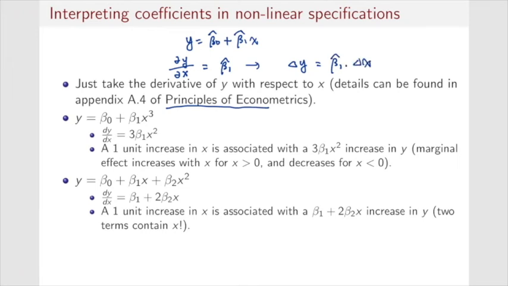following a similar idea. If the specification is cubic, we just take the partial derivative of y over x, then we get this. So we interpret it as a 1 unit increase in x is associated with this amount of increase in y.